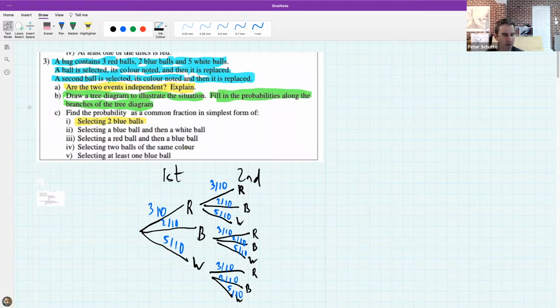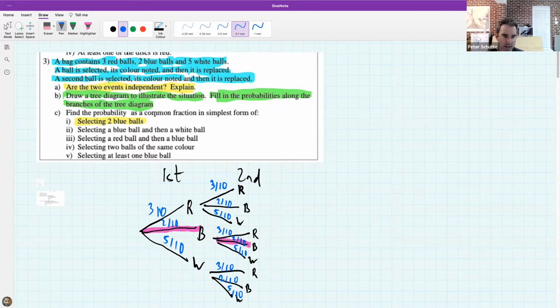You take a moment to think which branch of the tree relates to 2 blue balls, and then how would I calculate that probability? So that's choosing blue initially, and here is choosing blue for a second time.